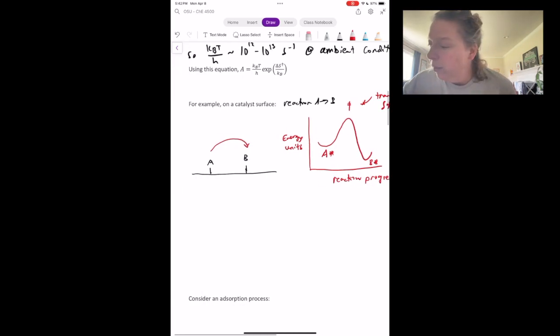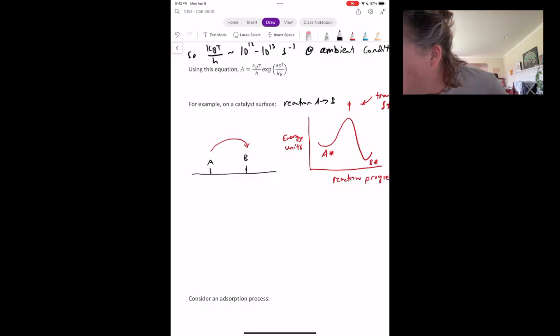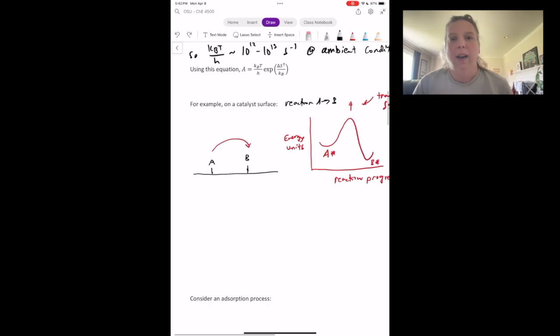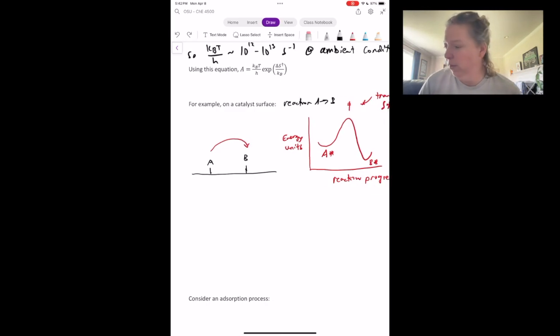Okay, so now we want to look at basically the change in free energy between this piece here and this piece here. So let's think about what the contributions to the entropy of those two different states would be.